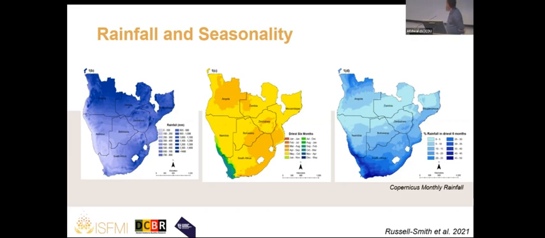The slide in the middle, it's hard to see, but it shows the driest 6 months of the year. All that yellow part of the landscape, the driest months are from May to October. The orange parts are April to September. And then the last slide all the way on the right shows the total percentage of rainfall that occurs in that driest 6 months. These lighter colours mean less than 5% of the rainfall occurs in the driest 6 months.